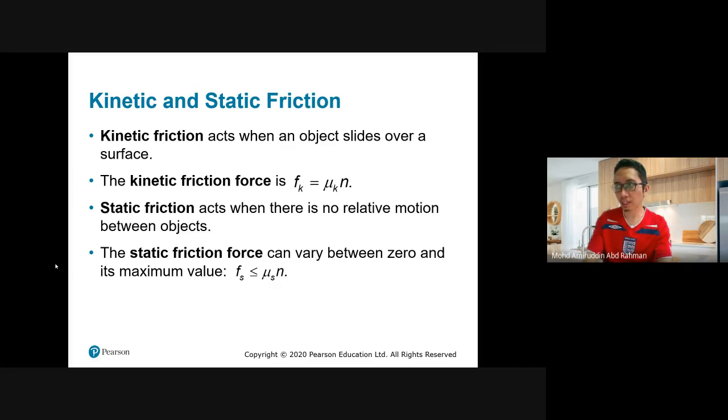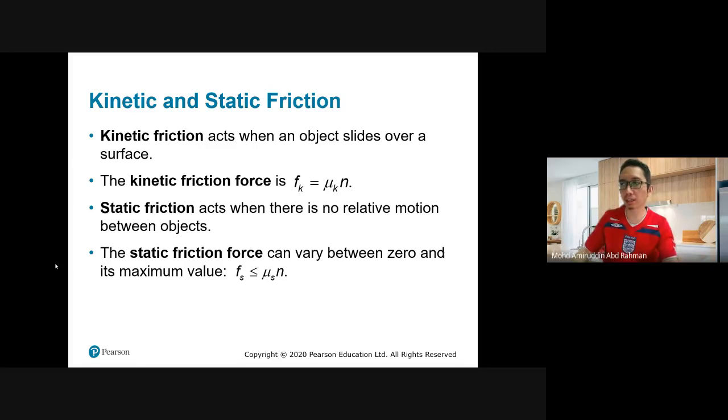Kinetic friction acts when the object slides over a surface. Meaning that when the object is moving, let's say I have this phone, and you slide it, that is when you have kinetic friction. If I pull this phone, you have kinetic friction acting on the body of the phone, which is reverse to the direction of the pull force.